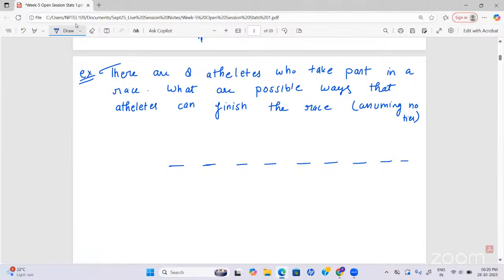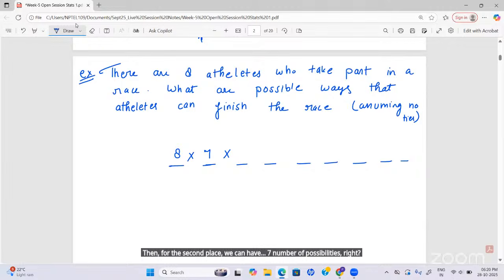How will we do that? For the first place, we have 8 possibilities. Then for the second place, we can have 7 possibilities, because it is understood here that we cannot repeat the elements.